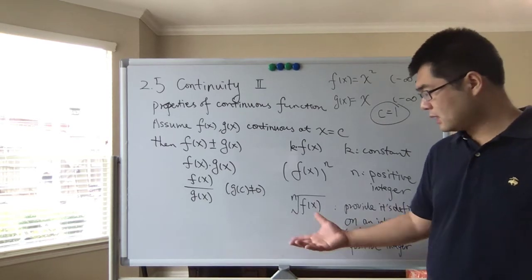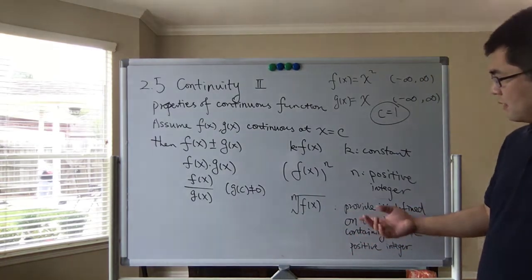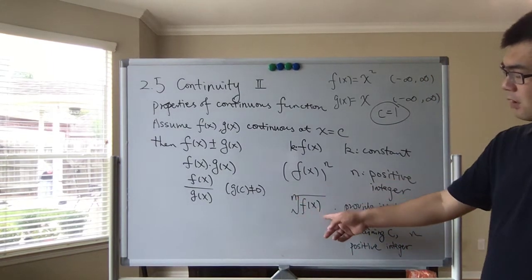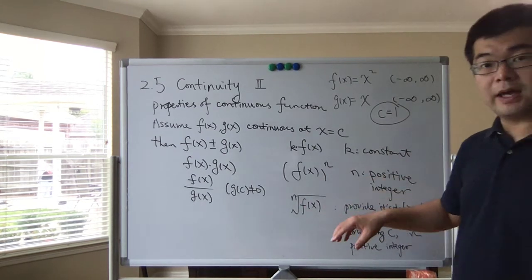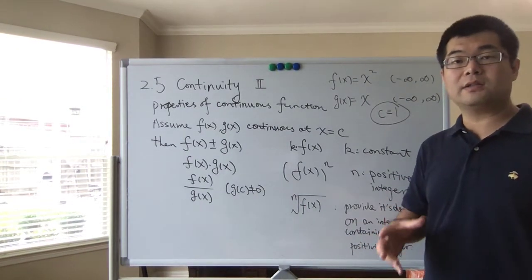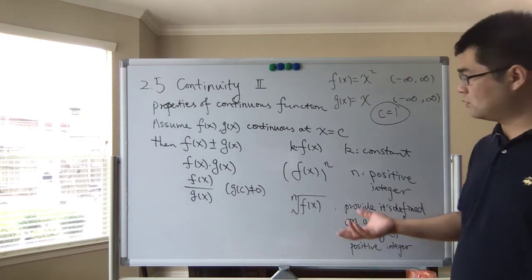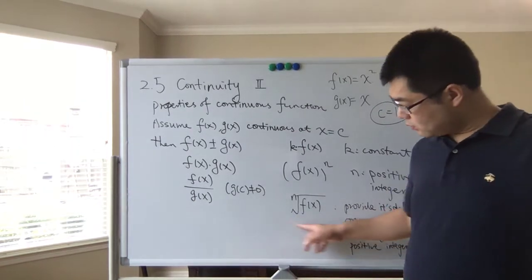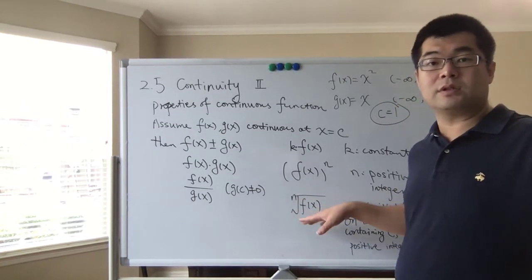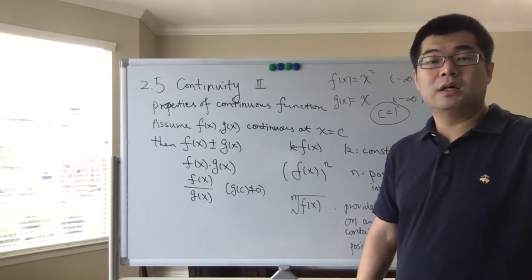Okay, and last one, the nth root. If you have an nth root of f(x), and provided that this function is defined on an interval containing the number c, and also this n is a positive integer, then we can get as a conclusion that the nth root of f(x) is continuous at x equals c.